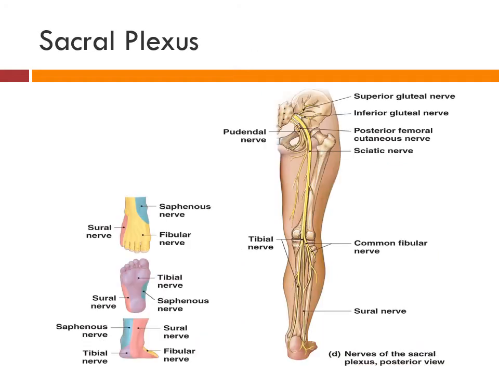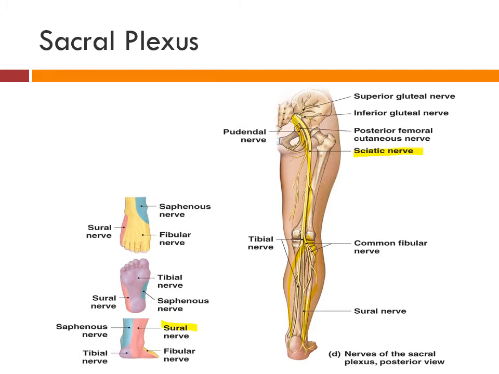So from here you can see the sciatic nerve, which is a very large nerve. It is very large. It comes down to the knee and it splits into the tibial nerve and the common fibular nerve. And then we also have this little sural nerve, which is in the lower leg and supplies the foot.